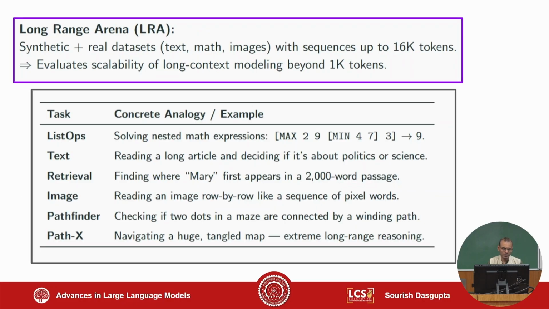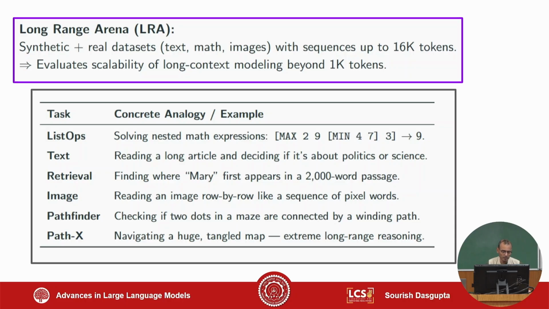So this is a very standard test for longer context sensitivity. This is the Long Range Arena test. Essentially there are multiple tasks within this test. It's a collection of synthetic and real data sets of text, image, and math, with very long sequences, up to like 16,000 tokens, which is quite long. And there are different types of tasks, like ListOps, which is solving nested math expressions.